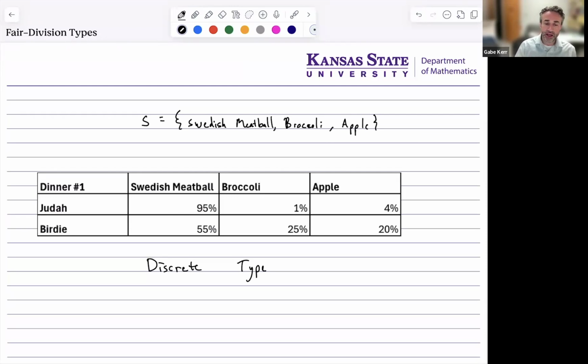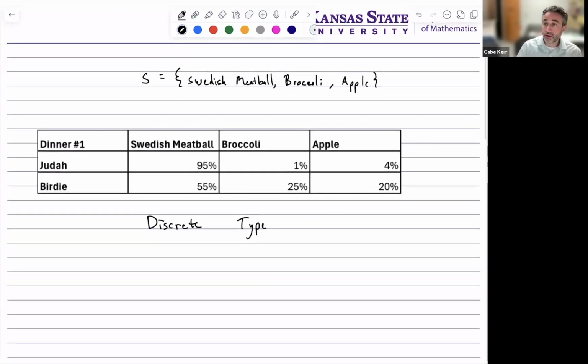So discrete means you can't subdivide one of the assets. And maybe that makes most sense if you're thinking not about a dinner like this, but maybe you're thinking about, I don't know, giving an inheritance away. So let's say you have property that you want to distribute, and you have a computer, and you have a car, and you have a ring, like a diamond ring, and you're trying to give these away.